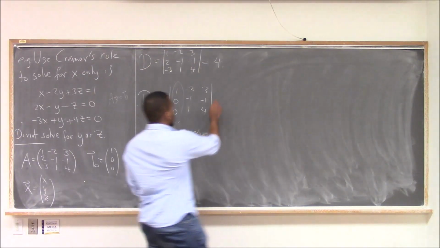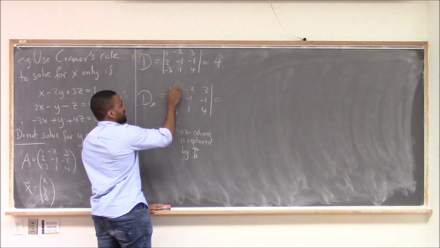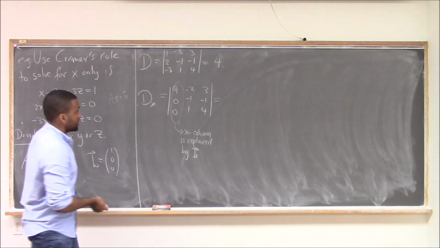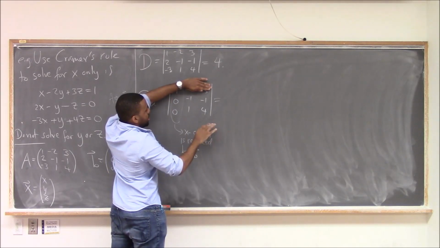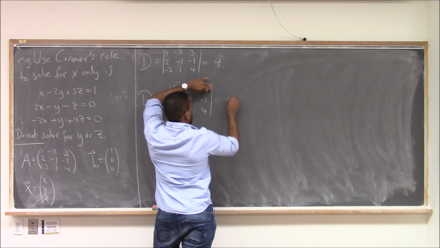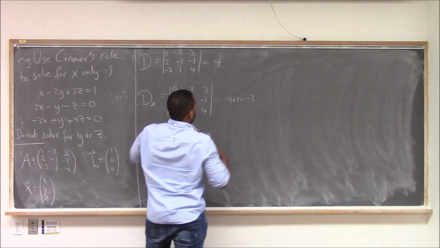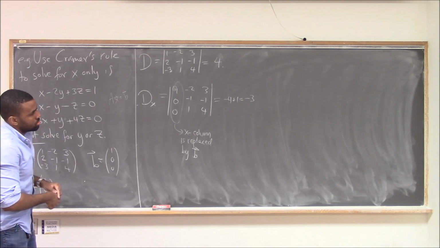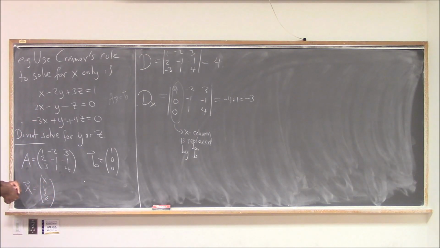Now, in this case, this is not going to be so bad. We can actually do this. Remember, it's a plus sign here. I'd expand along the first column because it's like 1, 0, 0. So that would just give us minus 4 plus 1. Agreed?